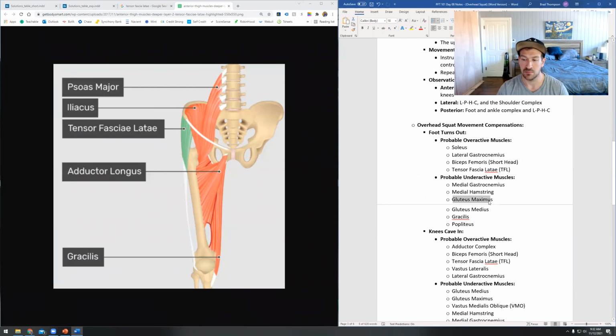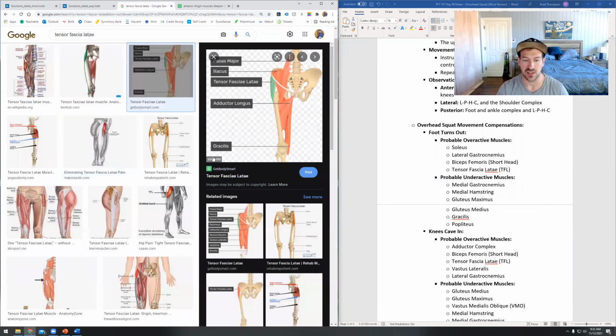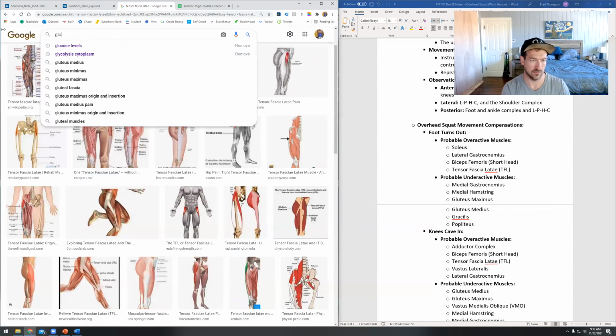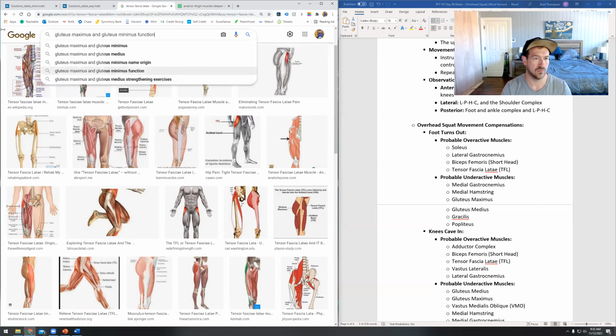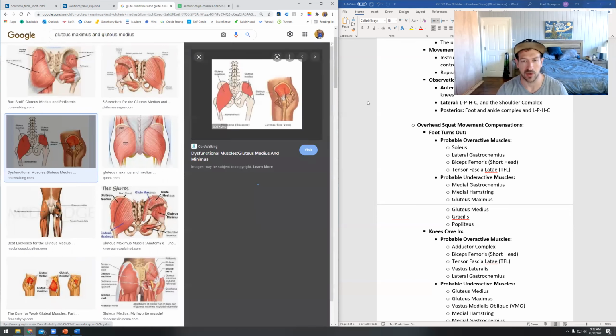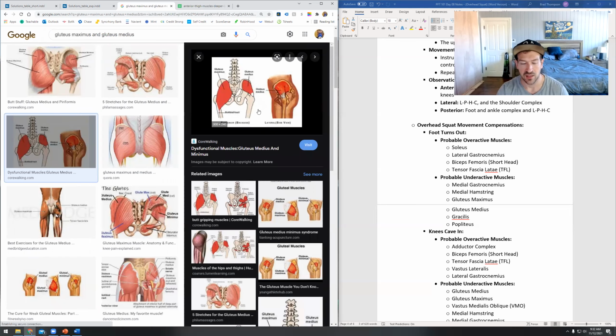So your gluteus maximus and your gluteus medius, they're in charge of external hip rotation. Those 2 primary butt muscles, they're in charge of external hip rotation, right?